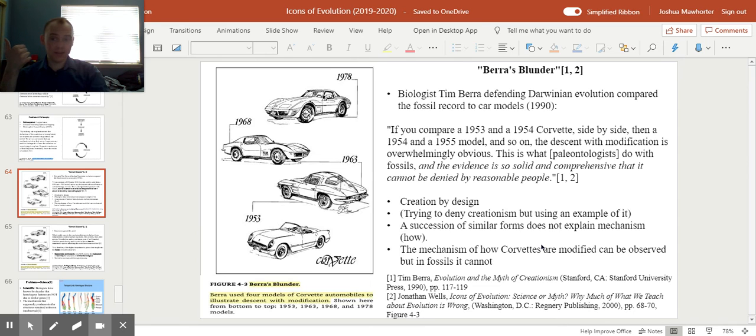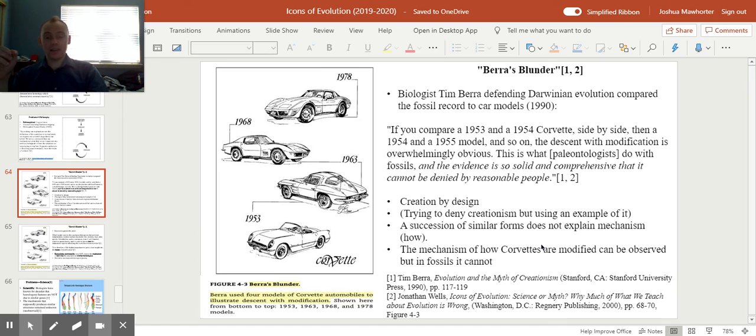Now, this isn't biblical creationism. This is human beings drawing out an idea from their head onto paper or a computer program and creating something with given materials, and then modifying it based on adjustments and new discoveries over time. But a succession of similar forms does not explain mechanism.